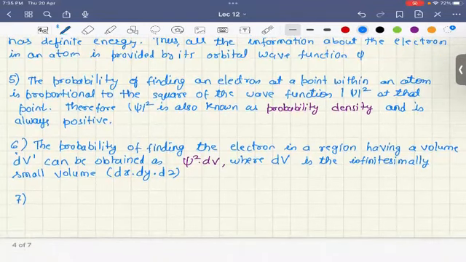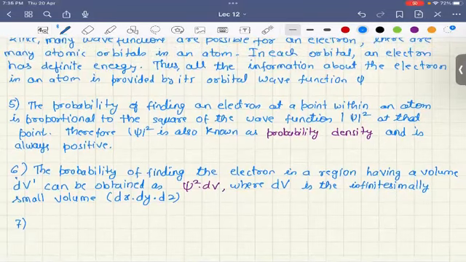The seventh point is the quantum mechanical model gave three constants known as quantum numbers, which are required to specify the position and energy of an electron in an atom.